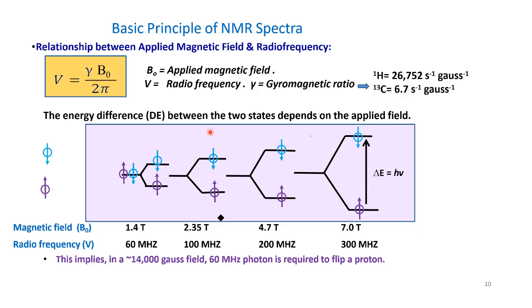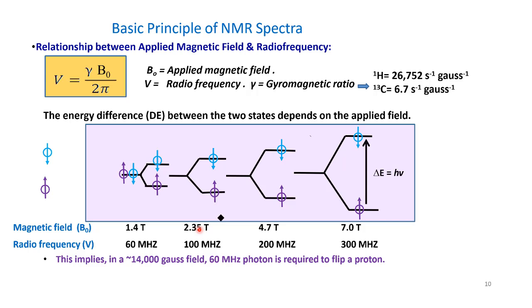Now again, the energy gap will be different for different magnetic fields also. As we increase the magnetic field, suppose earlier it is 1.4 Tesla, then after increasing, the energy gap will keep on increasing. Because the applied magnetic field is proportional to the frequency, we need to put in more frequency to get the same change in the spin.